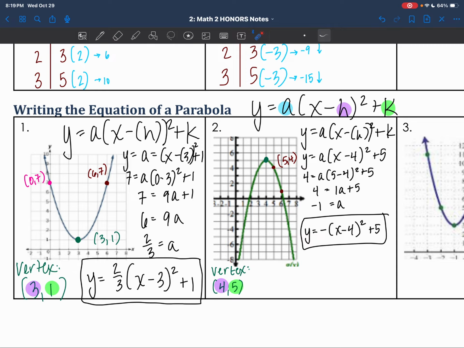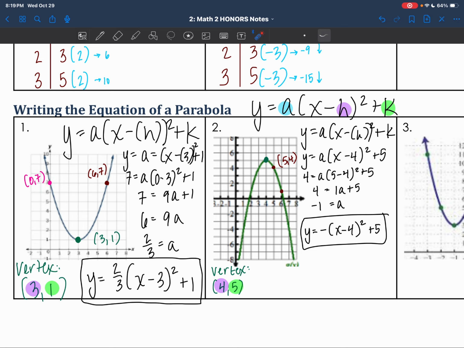Now we're going to take another point, and it doesn't matter which one. You could do this one or that one. I'm going to pick that one, that's pretty easy. Now I'm going to plug in my x and my y. So I've got my x, I've got my h, I've got my y, and I've got my k. The only thing I don't know is my a. So I plugged in this point, and I plugged in this point.